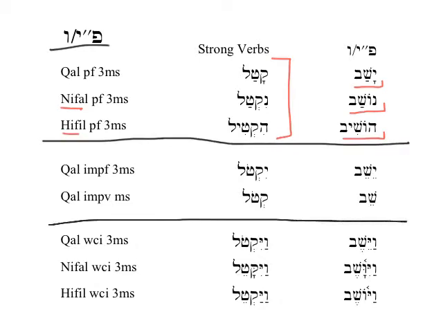We'll also want to take a look at the imperfect form and the imperative form, and we'll compare this to our paradigm word, yiktol, he will kill. And we chop off the prefix pronoun, and we have katol, kill, exclamation point. And very similarly, yeshev, and in the imperfect, there's a competition for the beginning of the word, and the prefix pronoun always wins.